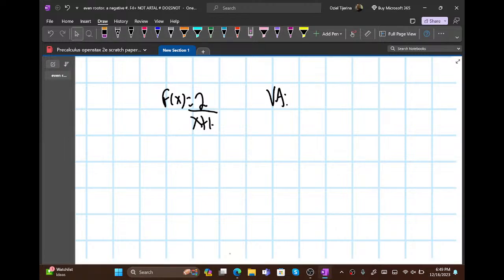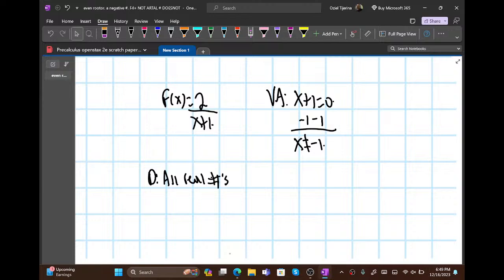My vertical asymptote is x plus 1 equals 0. We know that the domain cannot be defined at an asymptote. So my domain is all real numbers such that x does not equal negative 1. In interval notation, it'd be from negative infinity to negative 1, union negative 1 to infinity.